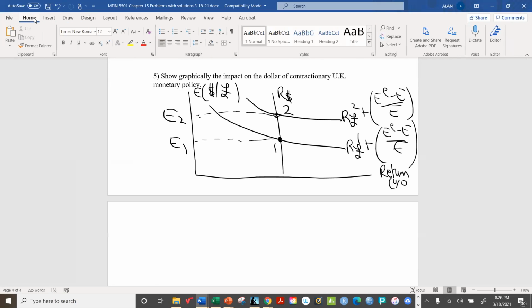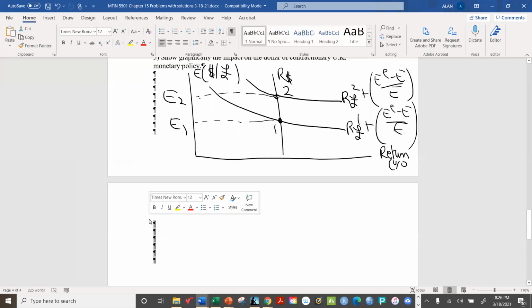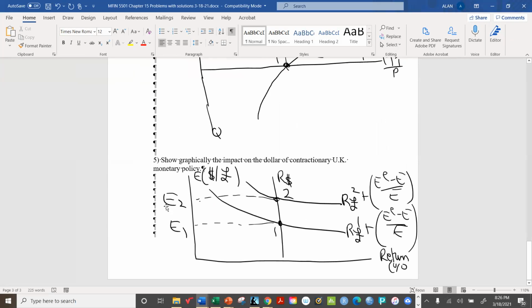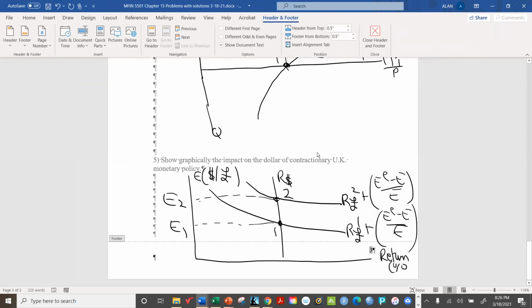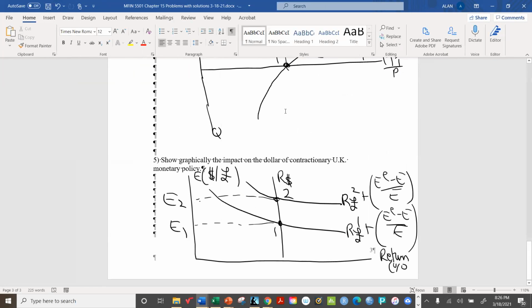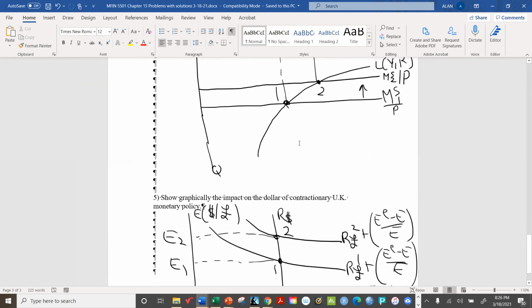So the dollar is relatively less attractive. Investors will shift their funds out of the US and into the UK. And in the process, the dollar gets weaker. All right, so that one's done.